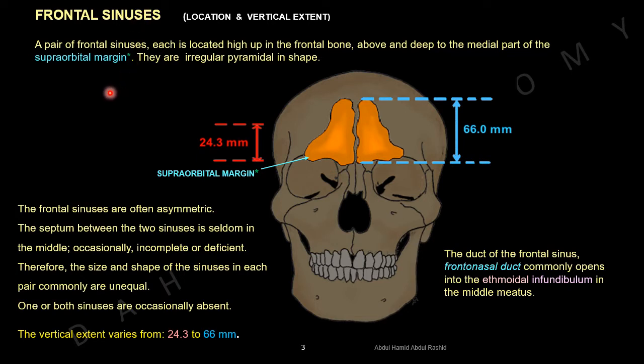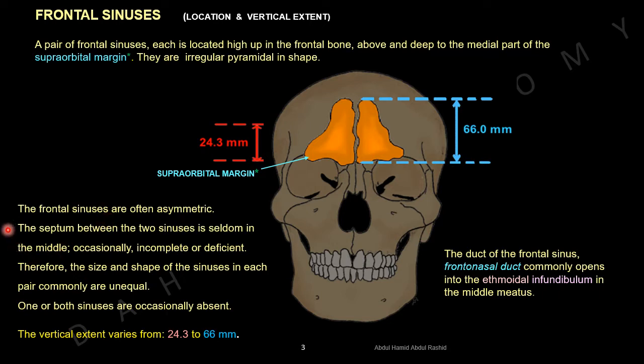Frontal sinuses are triangular-shaped, flat paranasal sinuses located in the frontal bone above and deep to the medial part of the supraorbital margin. It is irregular pyramidal in shape. The frontal sinuses are often asymmetric.